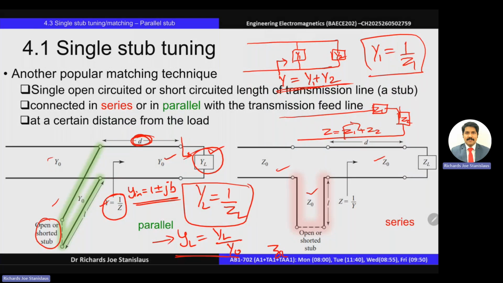Now, for a parallel stub, one end can be either open circuit or short circuit. Based on the stub length, our admittance value should be cancelling out the susceptance. In admittances, we call the real part conductance, and the imaginary part we call susceptance, right?